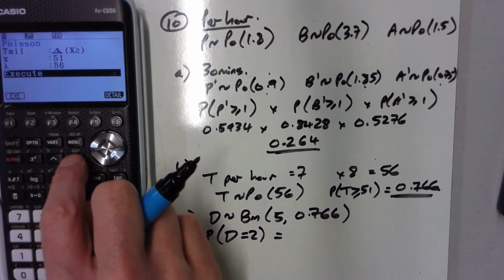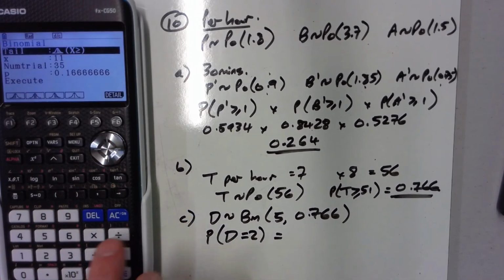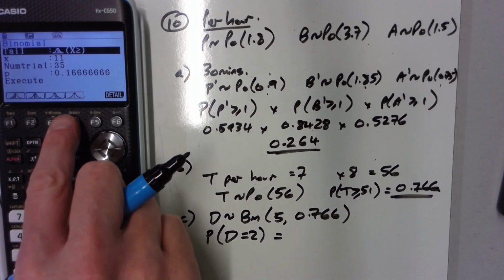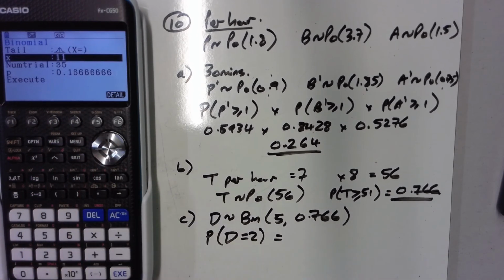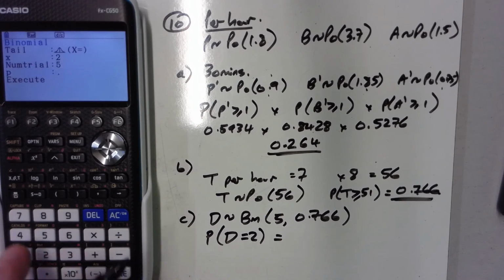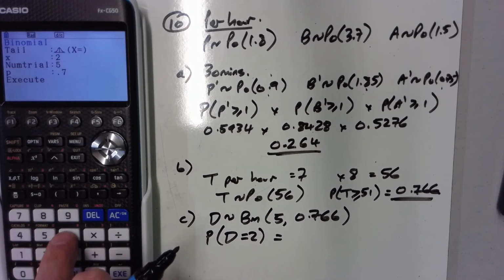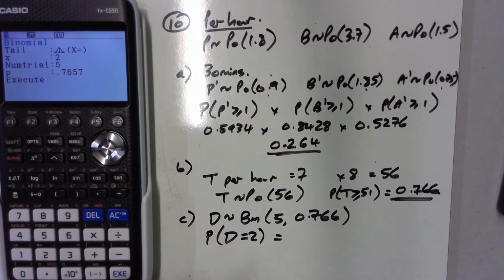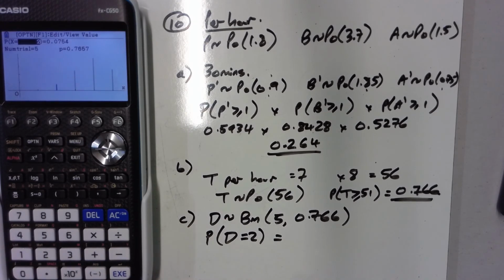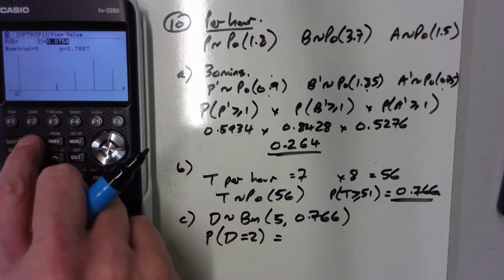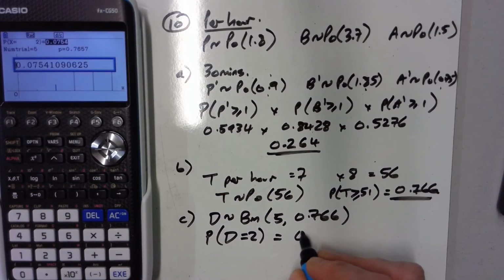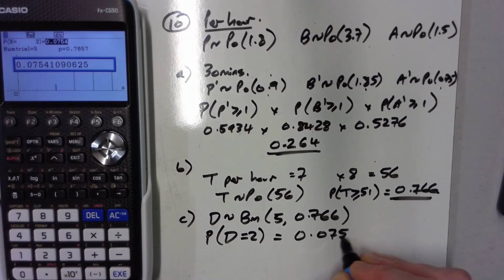We want it to be equal to 2 with 5 trials, and the probability was 0.7, it was 0.766, wasn't it? I put in the real value. And that gives us 0.0754.